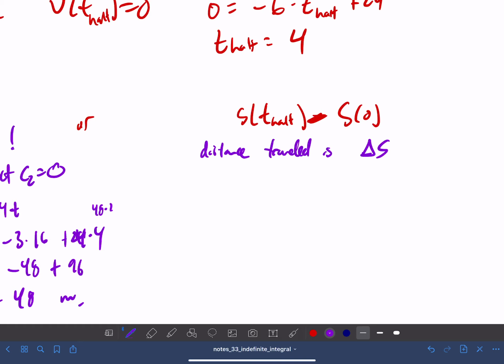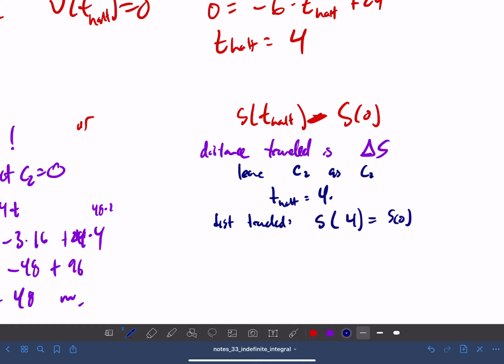And so in this perspective, I'm going to leave c sub 2 as c sub 2. T sub halt is still equal to 4. That didn't change. And so what I want is the distance traveled, which is going to be s of 4 minus s of 0.